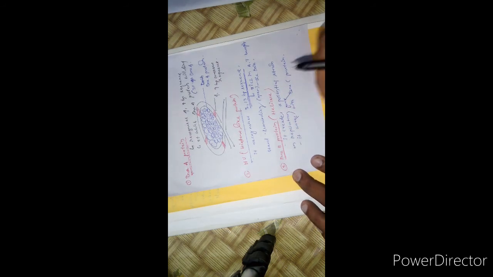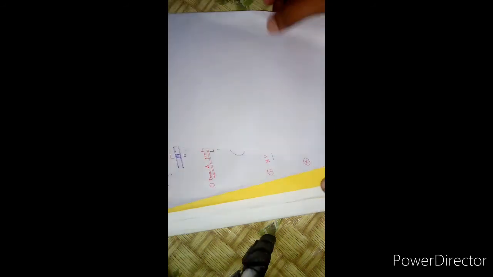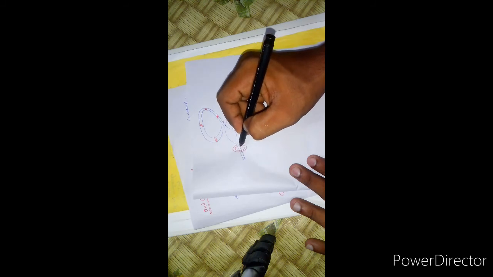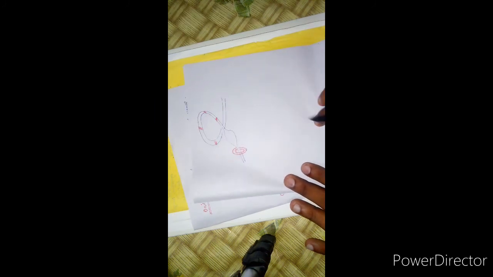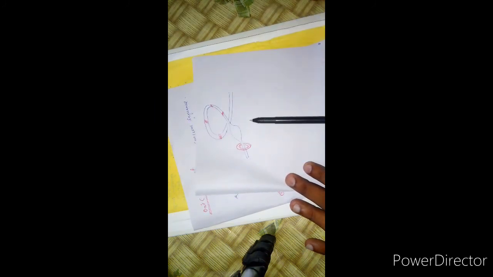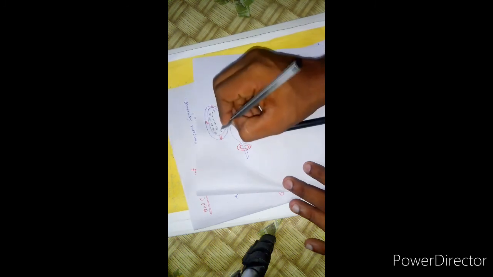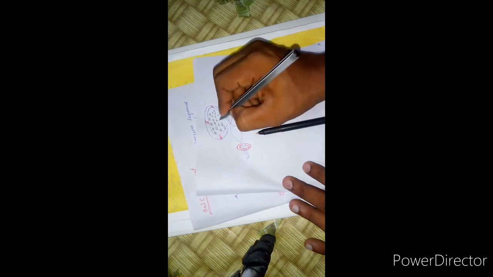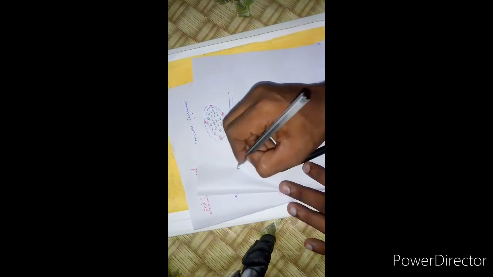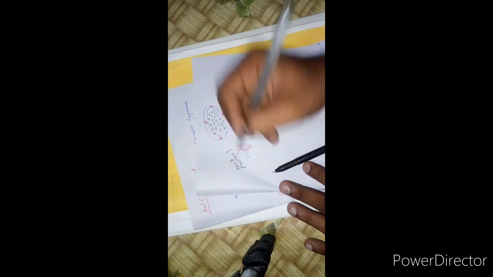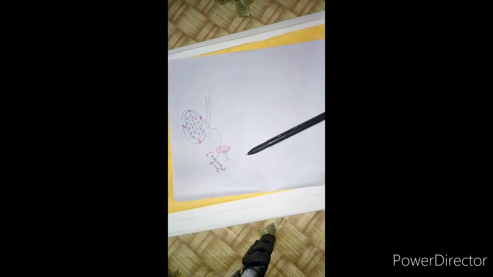It has helicase property. Here DnaB will bind. It starts to open the coil, open the DNA strand, and here will be the DnaB protein with helicase properties. The structure will look like this.